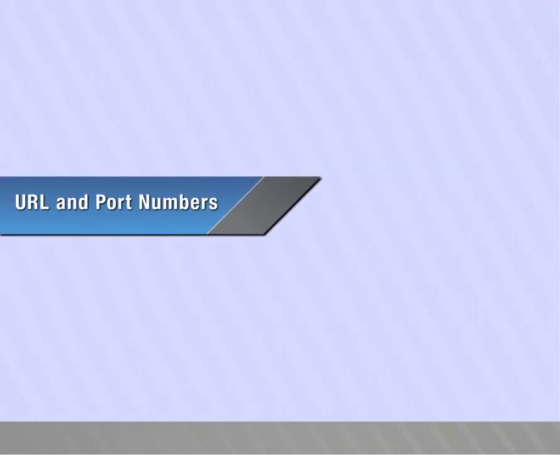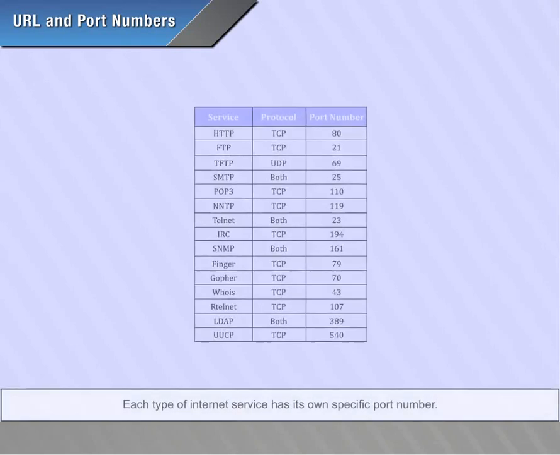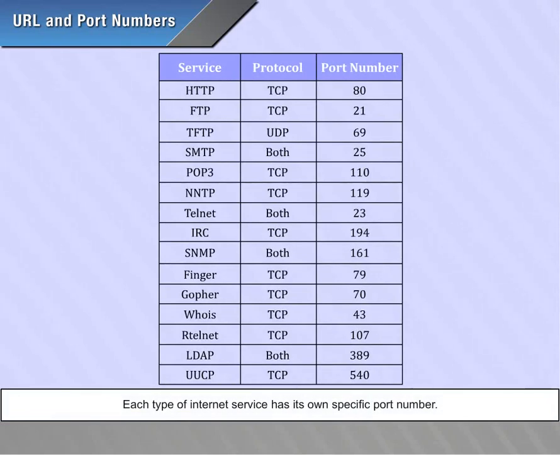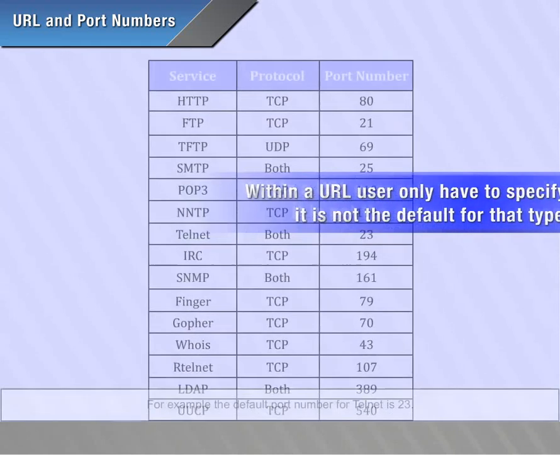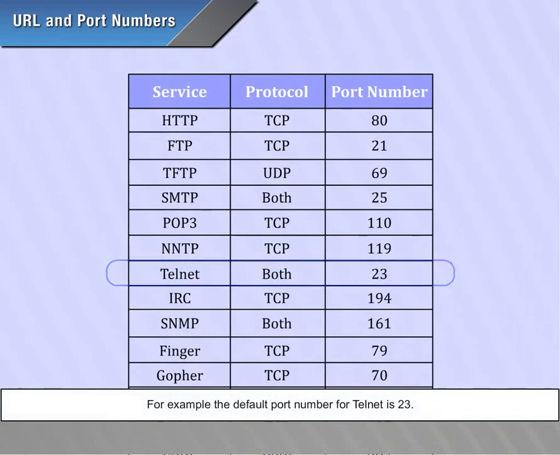URL and port numbers. Each type of internet service has its own specific port number. Within a URL, users only have to specify a port number if it is not the default for that type of service. For example, the default port number for telnet is 23.